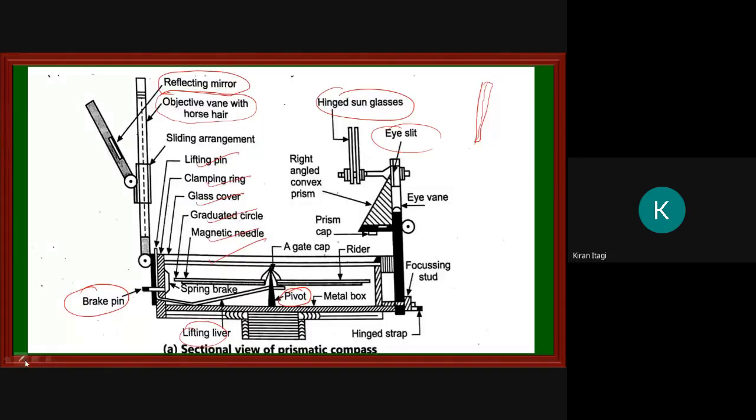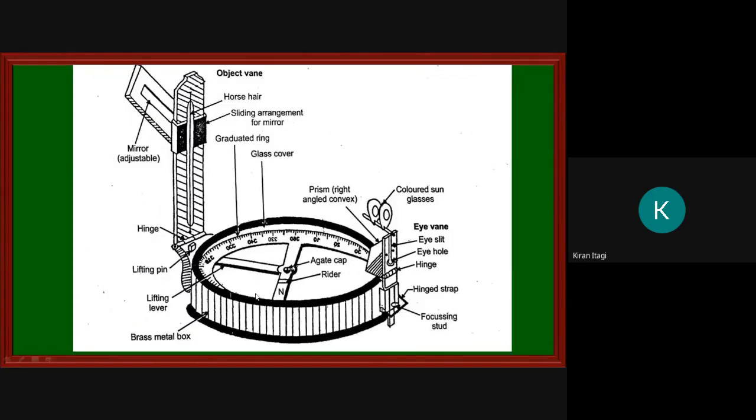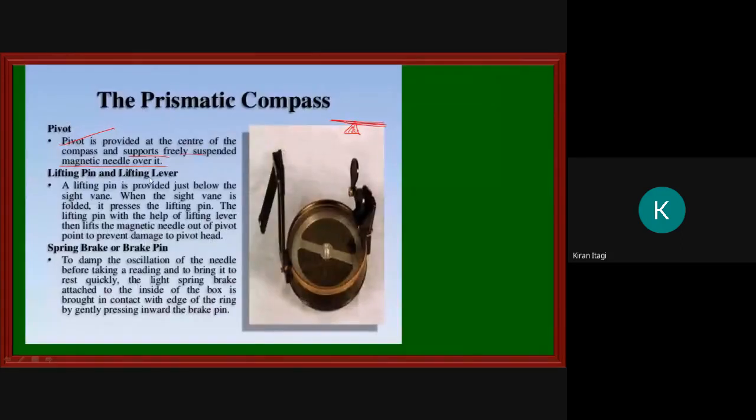Here you can see the point above which the magnetic needle is supported. Next we have the lifting pin and lifting lever. This is not an important thing, but you should know what the use of these parts is.